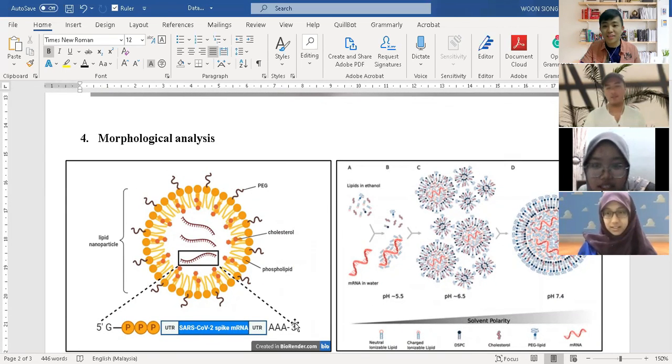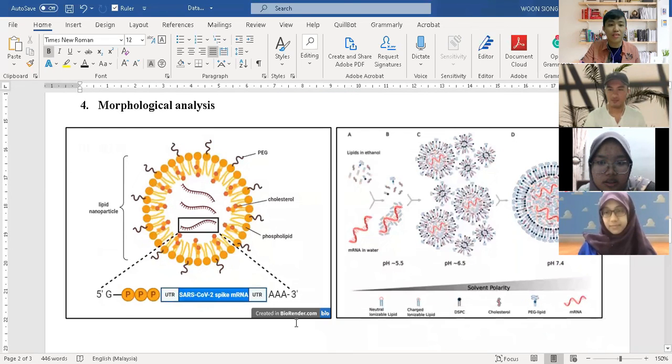I guess this is the basic characterization for us to analyze whether our nanoparticle can work or not in vaccine production, right? Yes, and also this is our hypothetical analysis towards this vaccine.